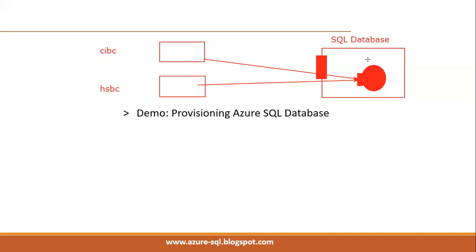For example, if we have deployed 4 databases, we can access all 4 through the endpoint. So there are 2 levels of firewall rules: database level firewall rules and server level firewall rules. We'll see that in detail.